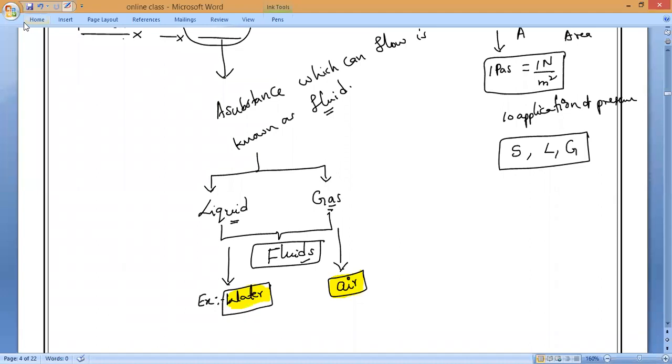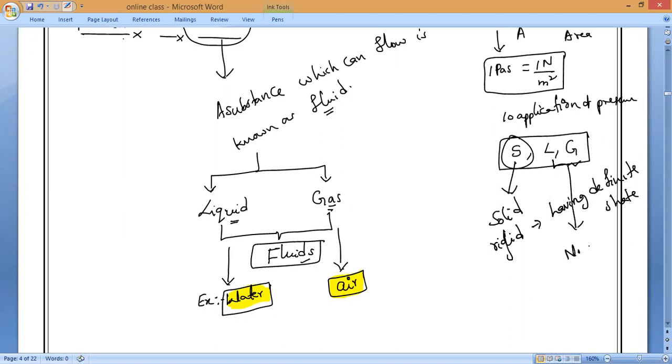The reason we call these two fluids is that solids are rigid in nature, having a definite shape, but liquids and gases have no particular shape.